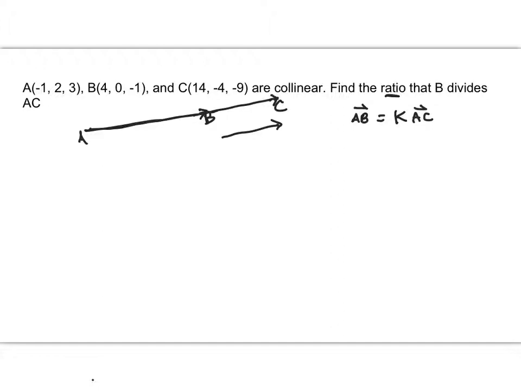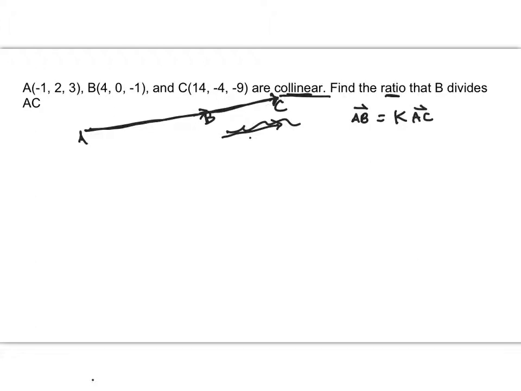That means that they're going in the same direction. They may not be the same length, but they are parallel. And if I move this vector back up to here, now it's collinear. And I know these are collinear because it's given in the problem.